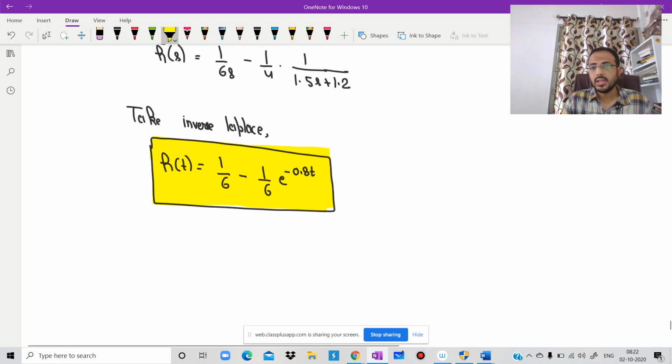Is it clear? Now you need to calculate the time to reach 50% of the ultimate value.